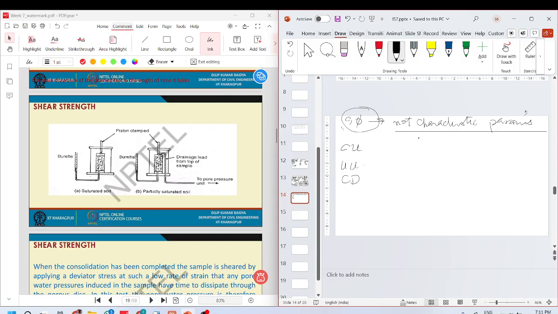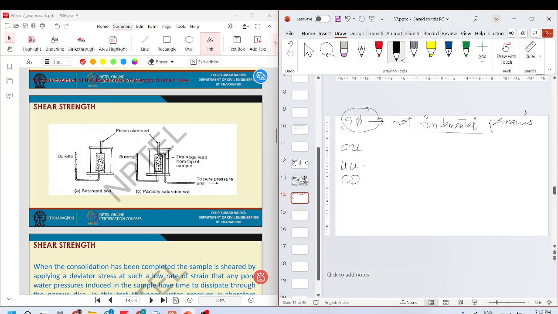So they are not fundamental. Okay. Fundamental is something that will not change if the state of the thing changes.